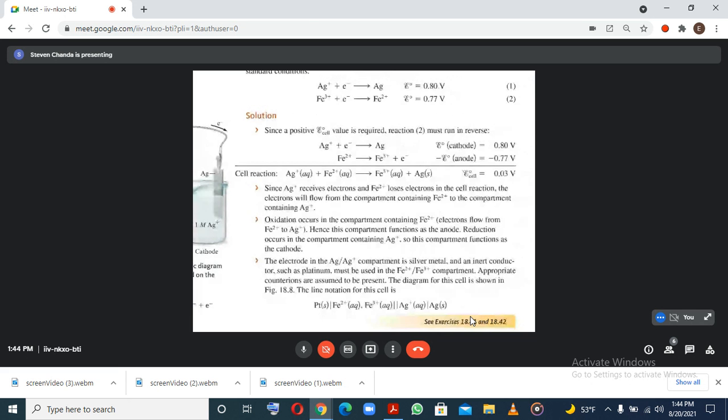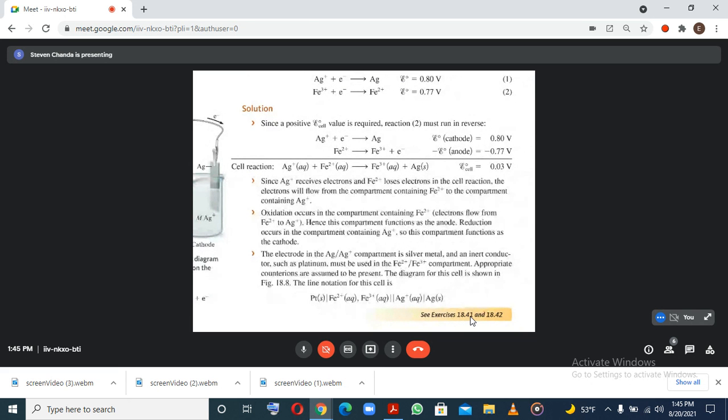Therefore, in this case, for the anode, we are using platinum solid, which is an inert substance, right? So that's why you see that the line notation for the anode has started with platinum solid, because platinum is the one that's going to be the electrode in this case.